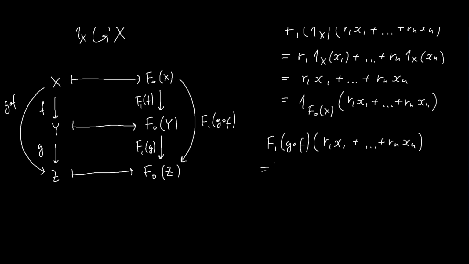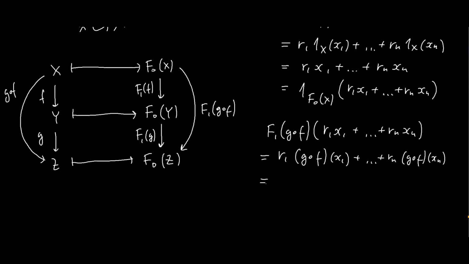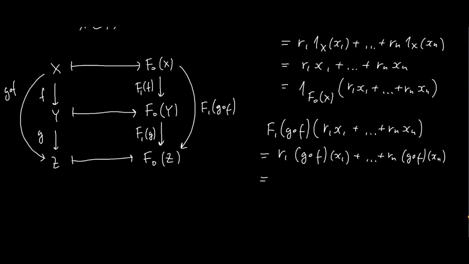this will equal, by definition of the map, R1 times G composed with F of X1 plus all the way up to Rn times G composed with F of Xn. And then I can do something which is also a very standard technique in mathematics.